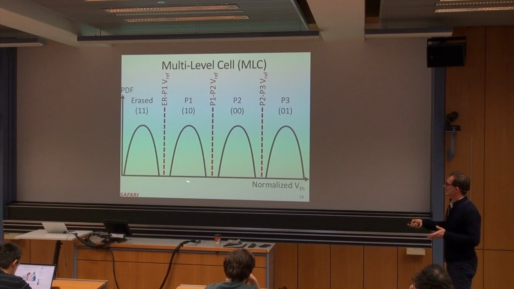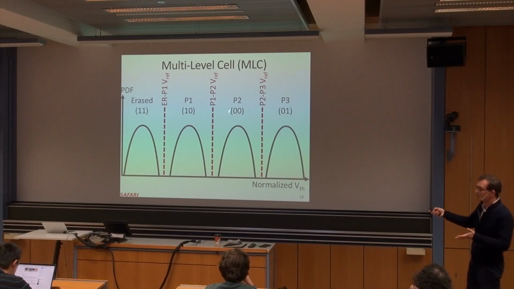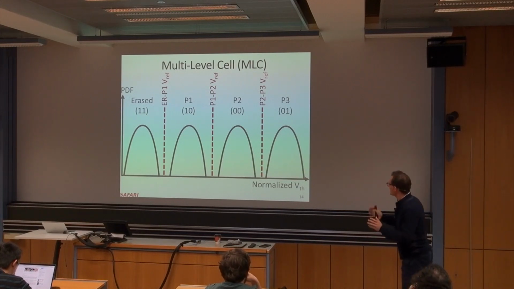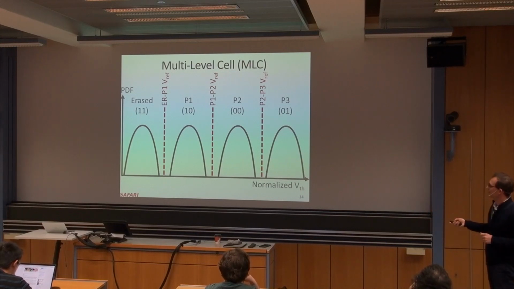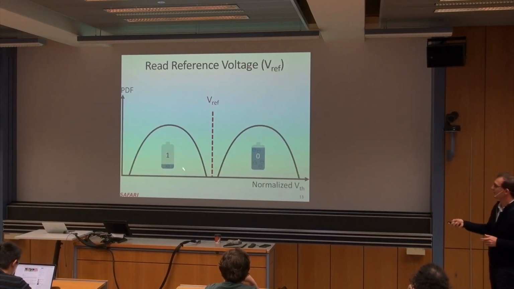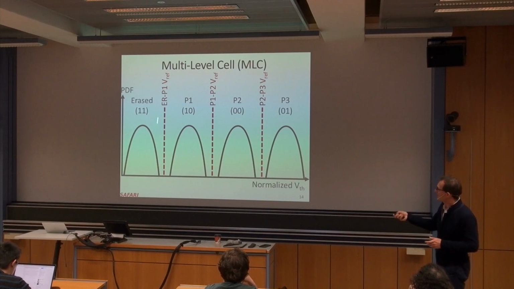Okay, but you need to program this P1 state to 1, 0, and P2. In this case, I encode as 0, 0 for the reasons that we've discussed in the past. But again, you can put any encoding here. And this P3 state. So now you've seen that actually the threshold voltage distributions became much narrower. And maybe you don't have enough control to actually make these read reference voltages as nice as I showed you.